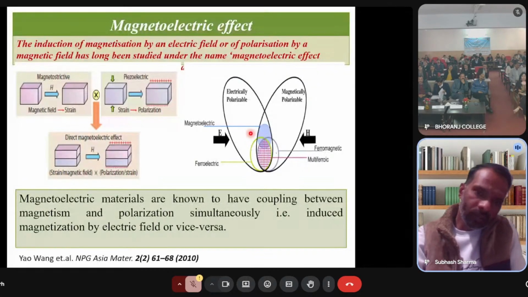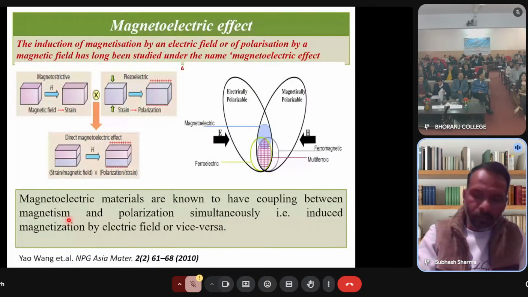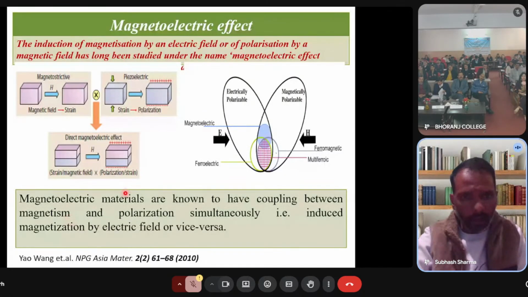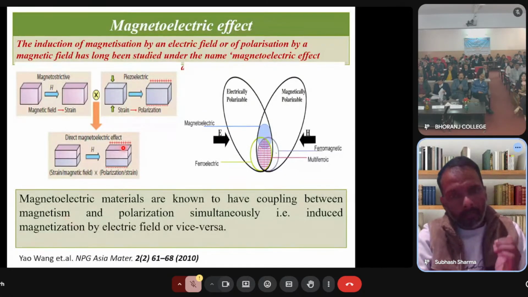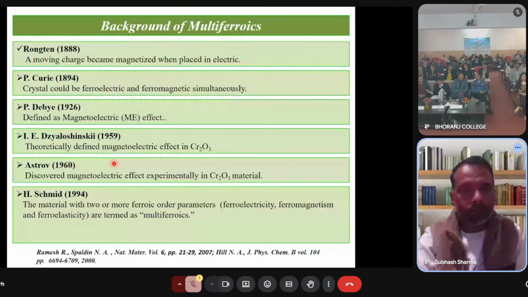As the name suggests, by changing one parameter, you can control the other. This is very important for spin-only devices, so that you can control magnetic spin or electric polarization by the other field.